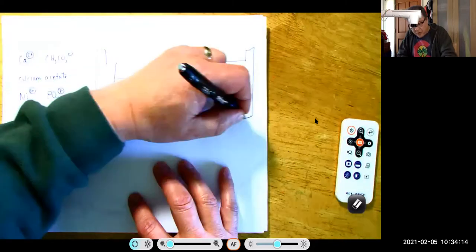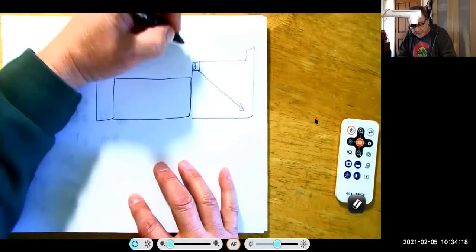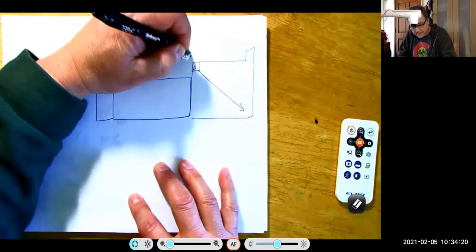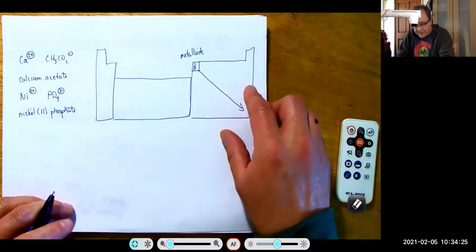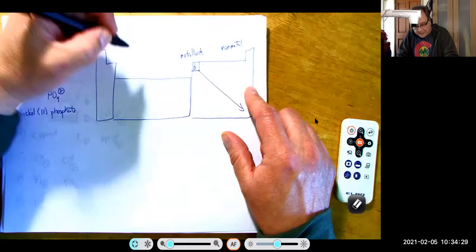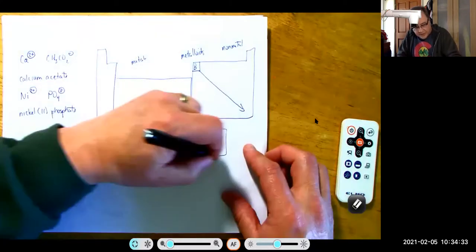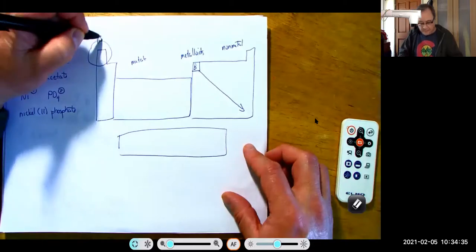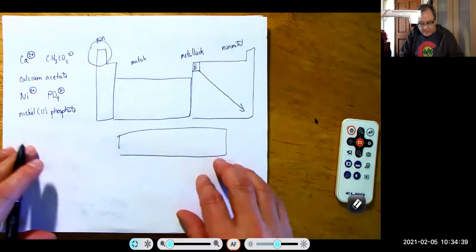And just to quickly remind you, if this is the periodic table, and this is boron, and these are the metalloids. To the right here, we have the nonmetals. And to the left, we have the metals. Now, of course, there is one exception here. This is a nonmetal. So this is your periodic table.